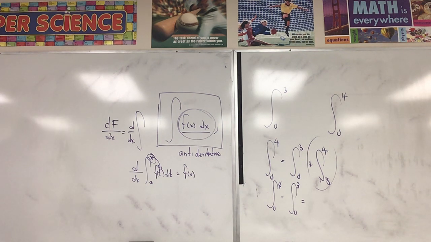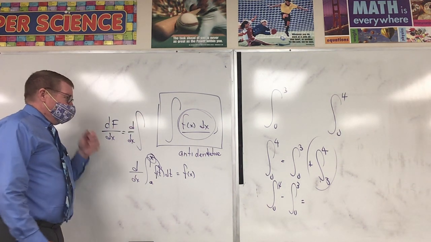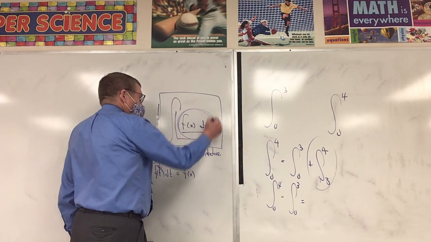Look at the next one. Derivative of the integral from 0 to x of 1 over 1 plus t squared dt. What are we doing? We're putting the x in for the t. So my derivative of that integral would be 1 over 1 plus x squared. Okay? Because when we take the derivative of the integral, we're basically canceling it out, and we're getting this.